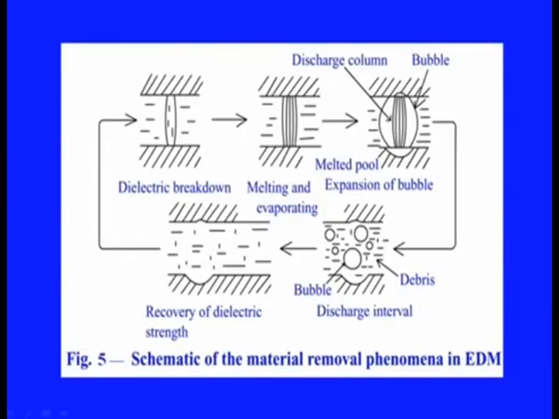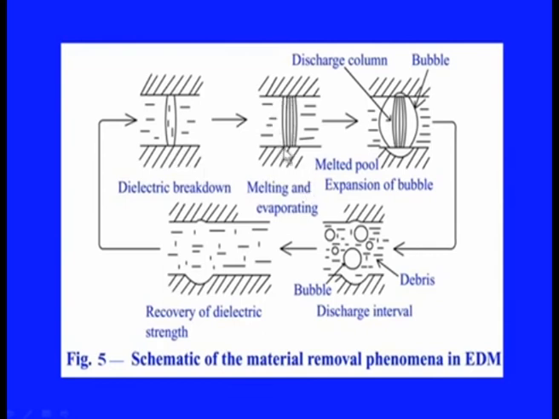The material removal phenomena in EDM are shown in this figure, where on applying the voltage, the dielectric breakdown of the column takes place in the nearest zone, or the closest points between the tool and the workpiece.